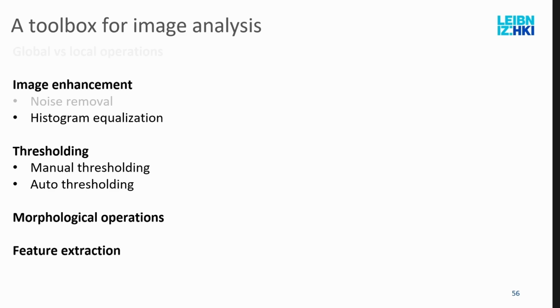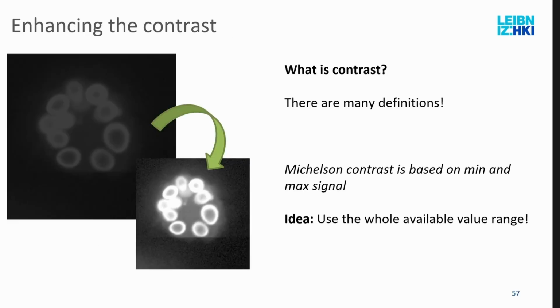So we have now image enhancement with noise removal, but there are other image enhancement tools, and specifically enhancement of contrast. And again, as with noise, there are different ways of defining contrast, and that you can look up online if you want. But one of them is this from Michelson. It's basically based on the min and max value, where the idea is that you ideally use the whole available value range of your image.